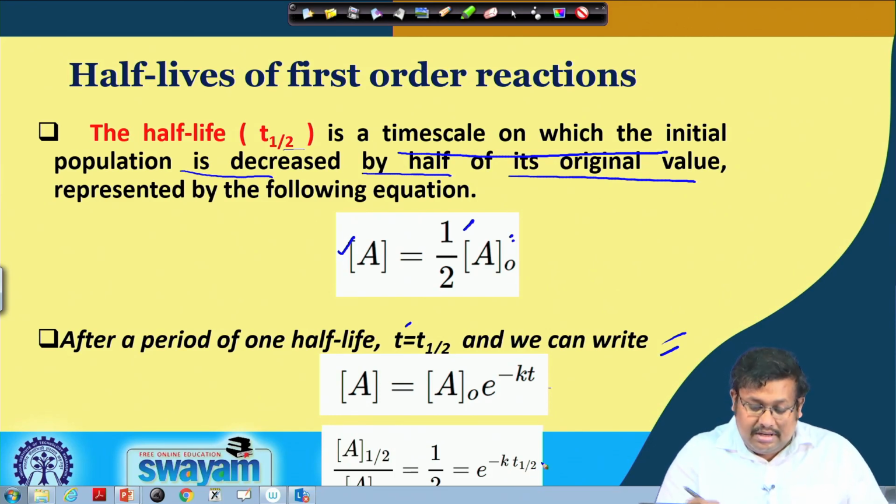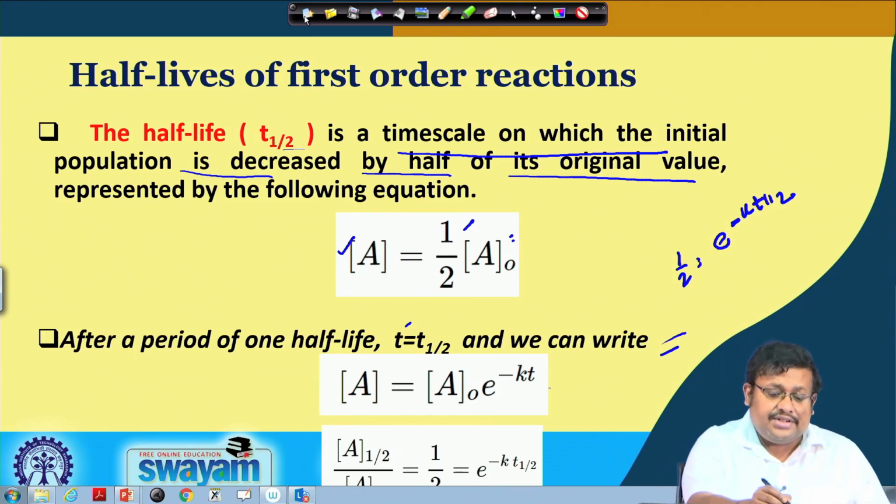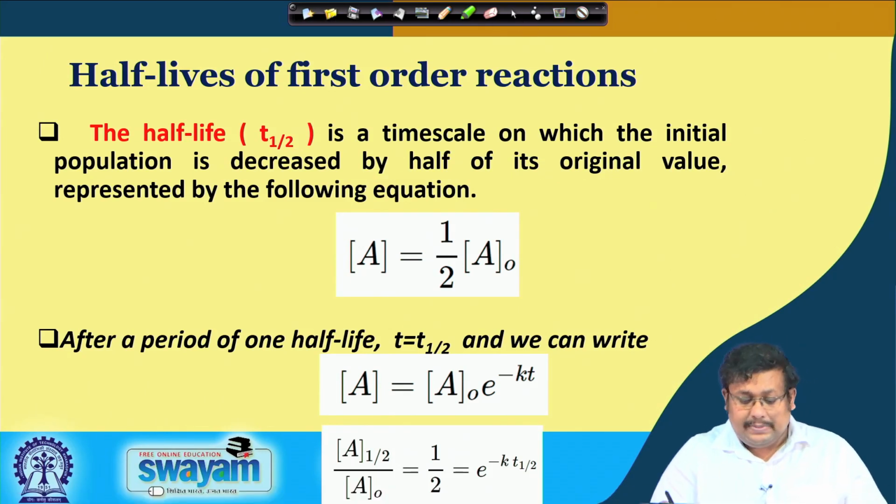So, we can represent this equation shortly as one half equal to e to the power minus k T half.